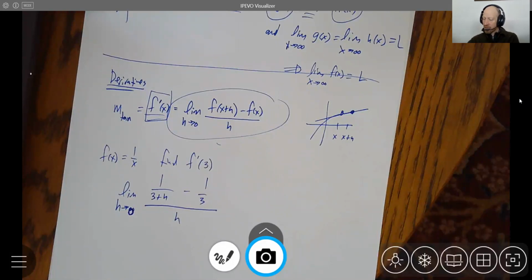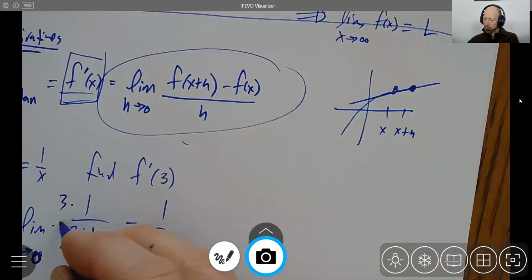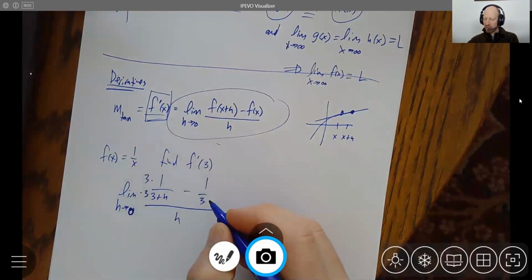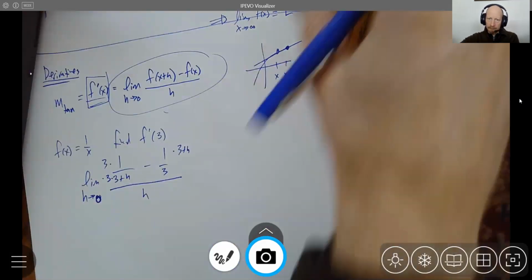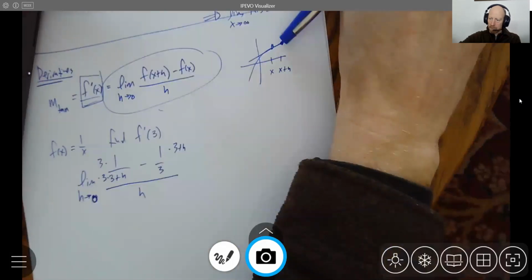I'm going to get these to be common denominators, so I can add those fractions together and multiply that side by 3, this side by 3 plus h.